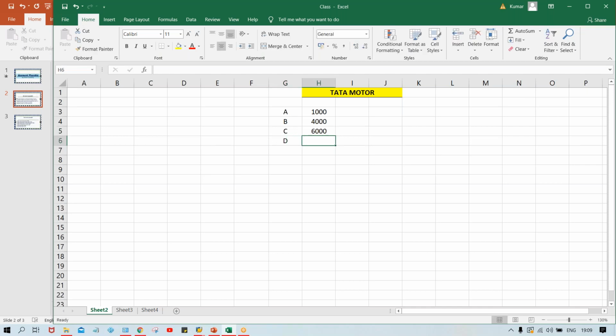Likewise, we have D, let's suppose 2,500, and E again 4,000. So multiple vendors will be there. Whatever amount of goods we have purchased, the payment is going to be made later because the procurement is happening on a credit basis.